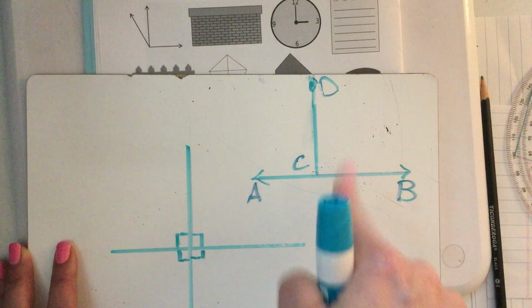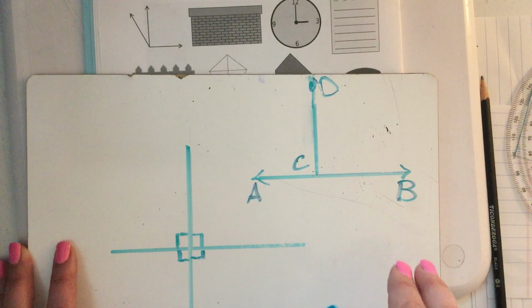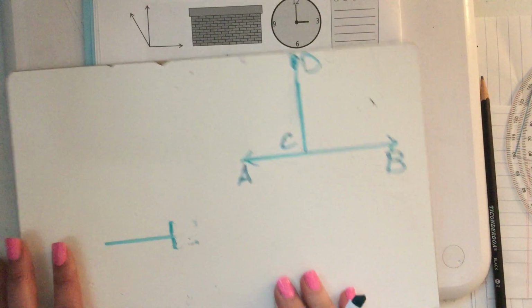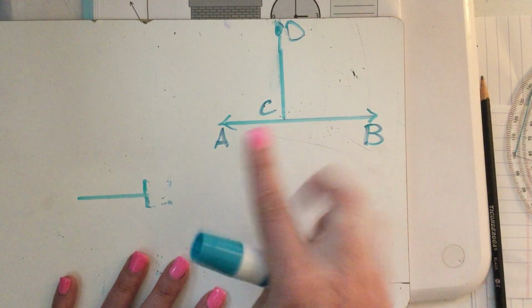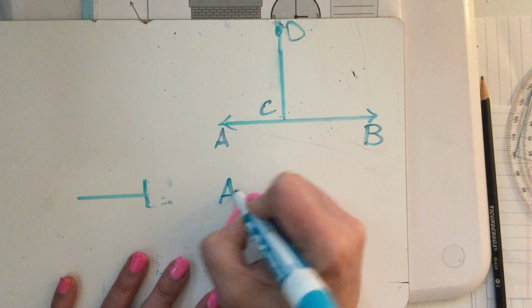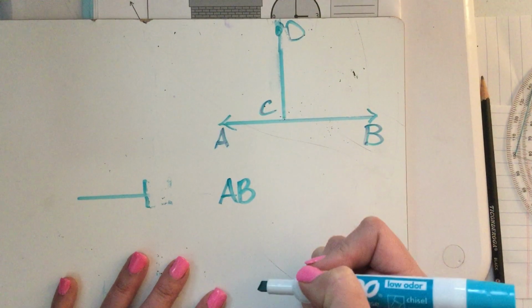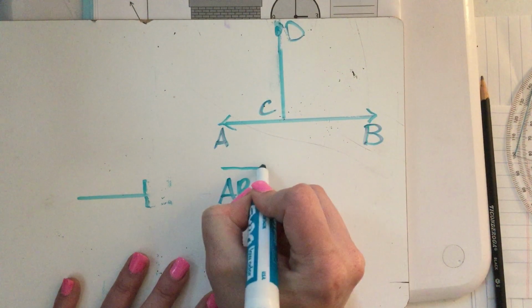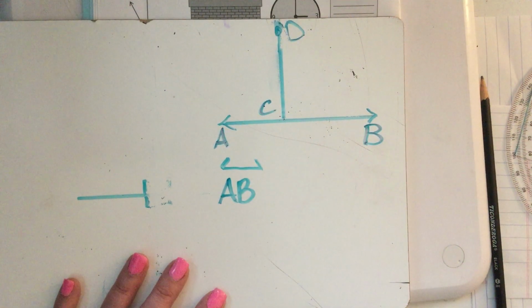Okay, so then I would need to write my fancy code. And so the way to do that when we're working with perpendicular angles is I would say this is line, right? It is a line. And so to write line, I first identify the letters that represent the line, and then a line is represented by 2 arrows on the top.